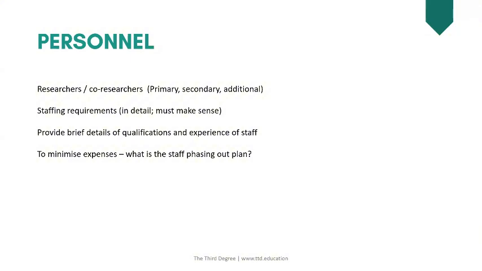There may be staffing requirements, and this one's kind of normal. So, do I need a research assistant? It might just be a part-time person. I may be contracting somebody in to run some data and help me with the data processing and perhaps with a little bit of the analysis. But what do I need them for?